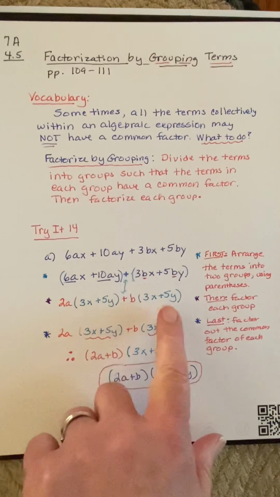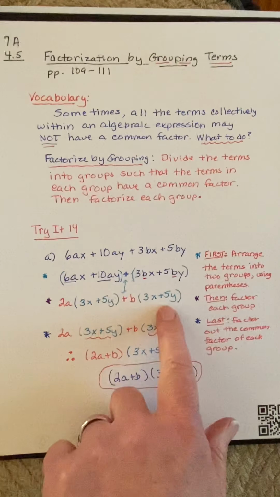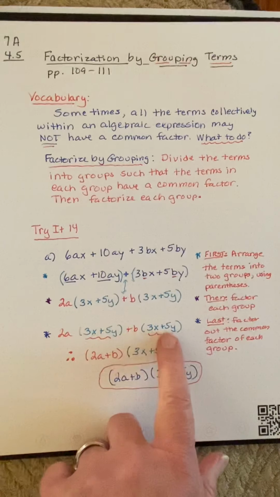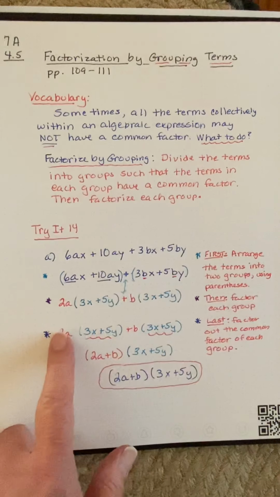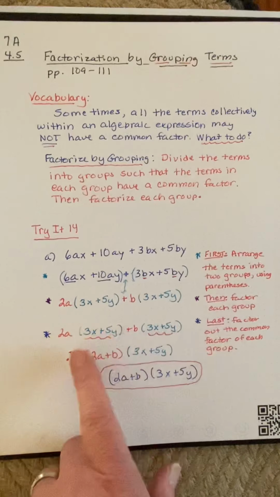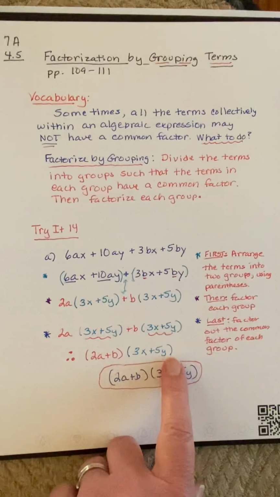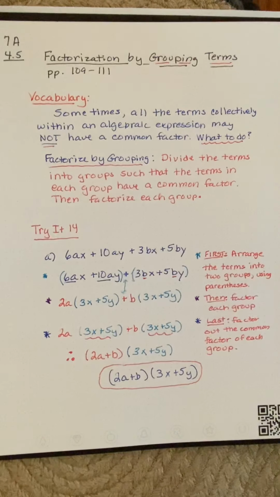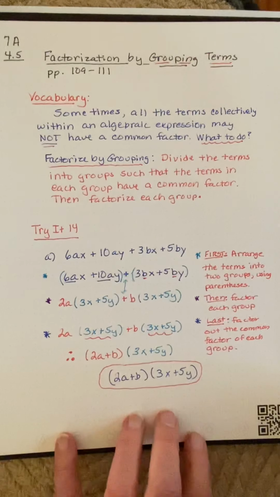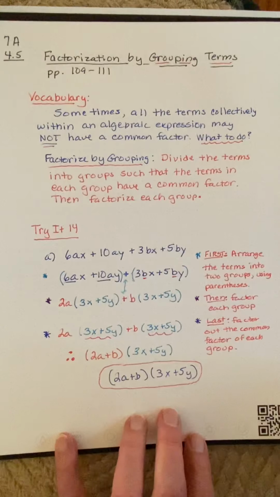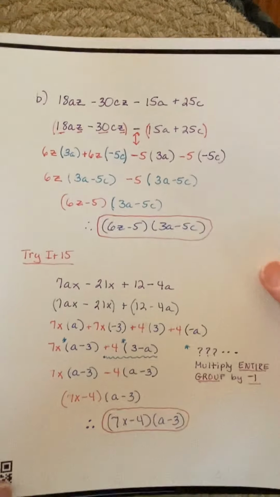Well, the common factor to this and this is the 3x plus 5y. It repeats. I'm left with 2a plus b, that's my first group, times (3x plus 5y), and that is my answer. And there you have it, factoring by grouping terms.